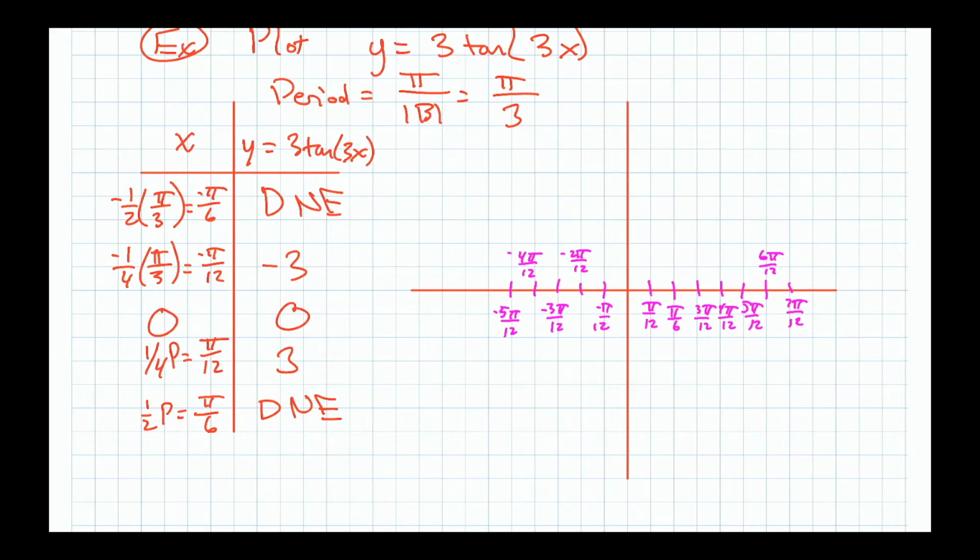Okay, that's going to be enough for me. Wait, one more, sorry. Negative 6 pi over 12. Okay. Now that's good enough.